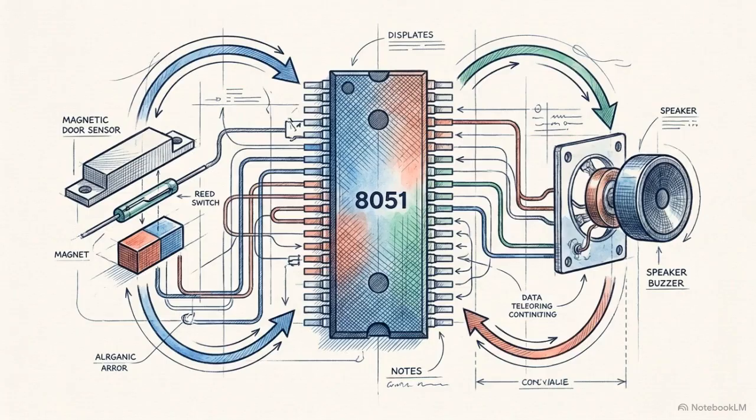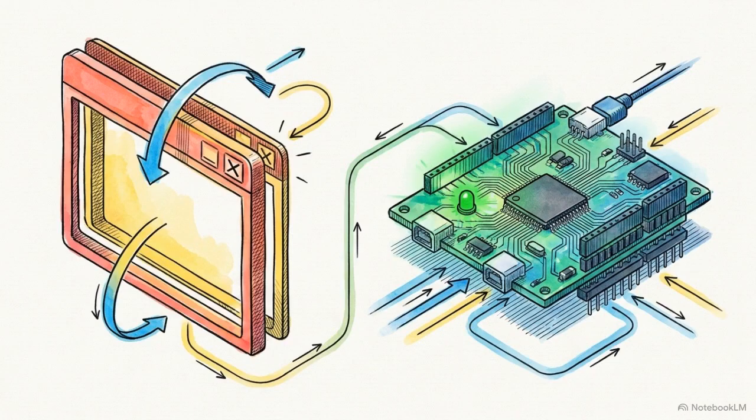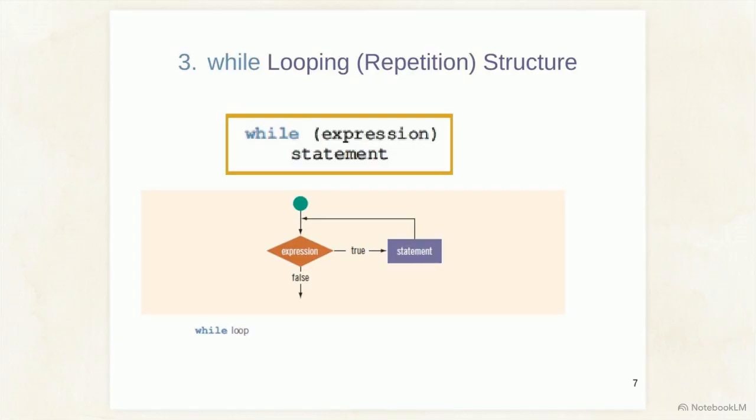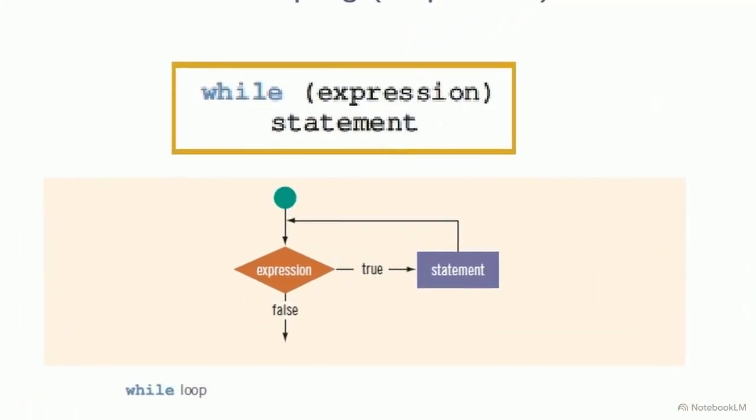With our I/O pins mapped, we can construct the execution logic. Desktop applications open, run, and close. An embedded program operates continuously, keeping the hardware awake to constantly read its environment. This requires a permanent repetition structure, illustrated here by the while loop flowchart. We encapsulate the entire main program inside a while(1) loop, creating an infinite, unbreakable cycle of execution.